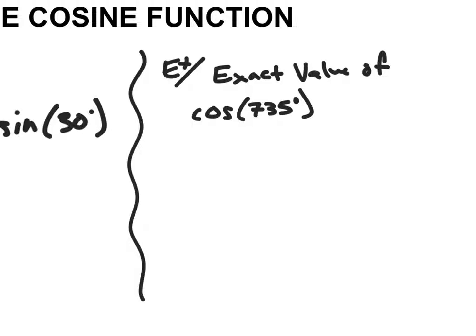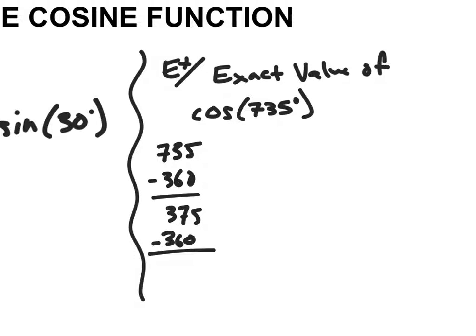If I take 735 and subtract off 360, that gives me 375, which is still more than 360, so let's subtract off another 360, and that gives me 15 degrees. So evaluating cosine of 735 is the same thing as evaluating cosine of 15 degrees.